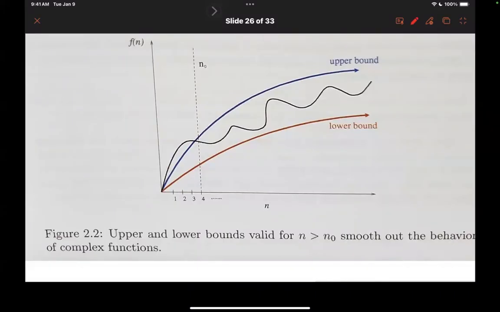Wait, nope, I flipped them. The upper bound is, since t of n is the time that it takes for something to run, the upper bound is I can always beat that and give it more time. The lower bound is I can always undercut that. I can always do that faster.